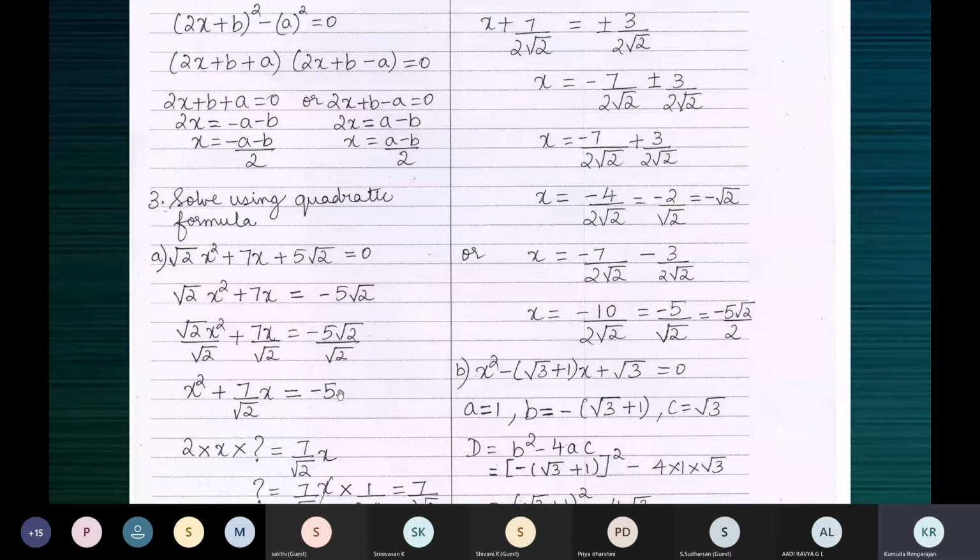So that gives us this step. After dividing throughout by root 2, we get this step. Let me pause, have a look. Shift the constant, divide by the coefficient of x square throughout.